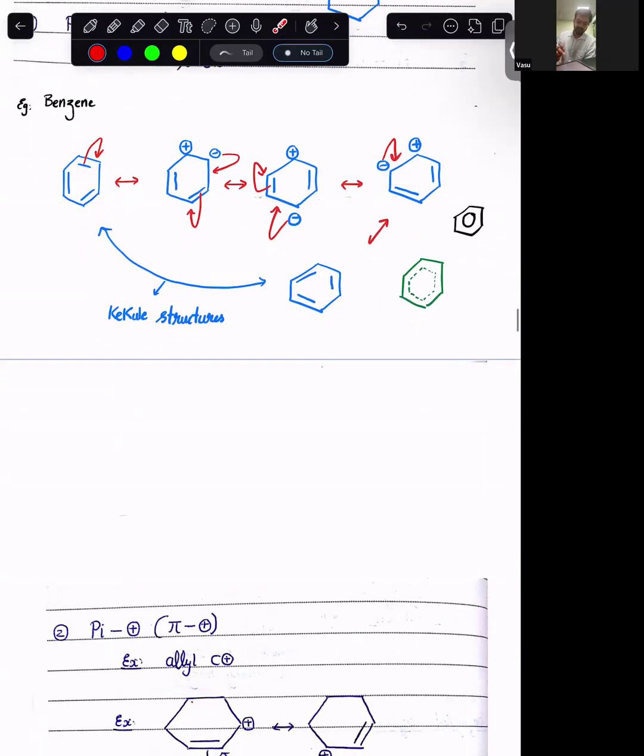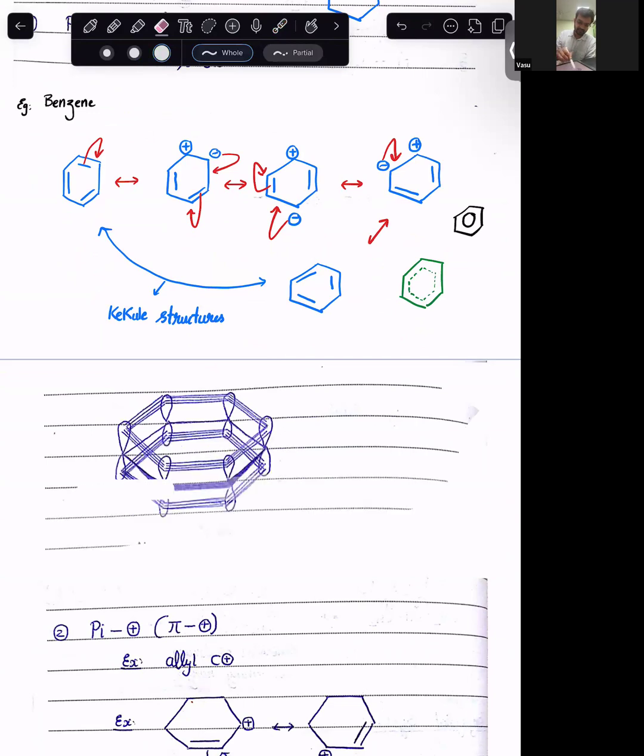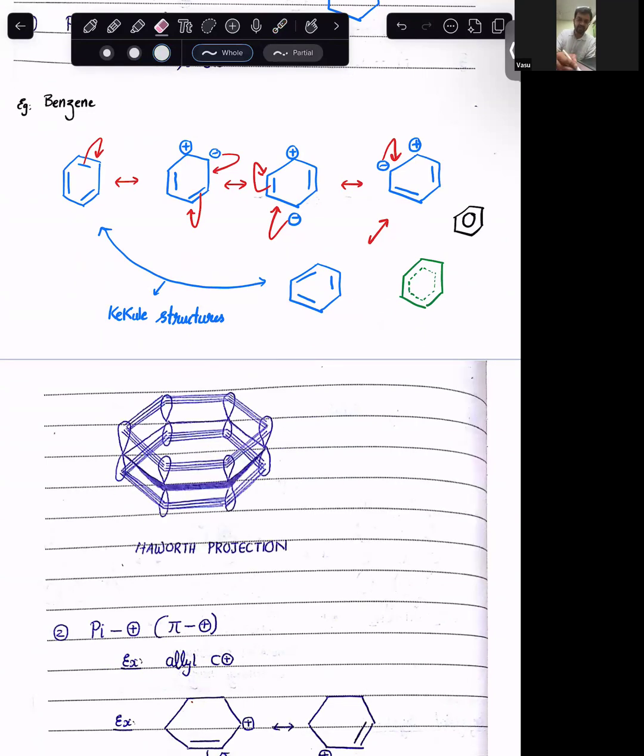You can alternatively show it like this. Everyone, I'm not drawing anything. You have sp2, sp2, sp2, sp2, sp2, sp2. So you have pz, pz, pz, pz, pz. The p orbitals above the plane combined among themselves. The p orbitals, or p electron densities, below the plane also combined among themselves.